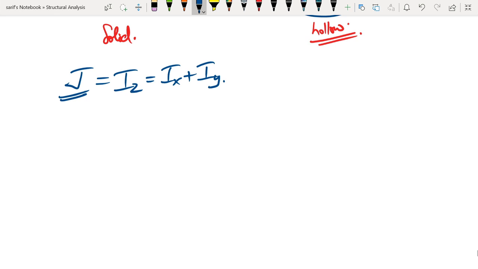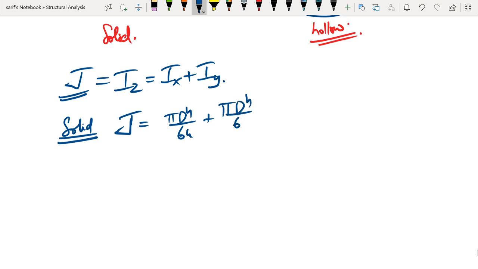So if we consider a solid circular shaft, polar moment of inertia is equal to Ix plus Iy. So Ix is pi d raised to 4 by 64 plus Iy is also pi d raised to 4 by 64. So polar moment of inertia for a solid circular shaft is pi d raised to 4 by 32.